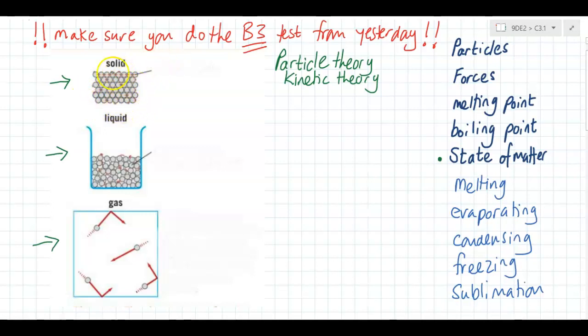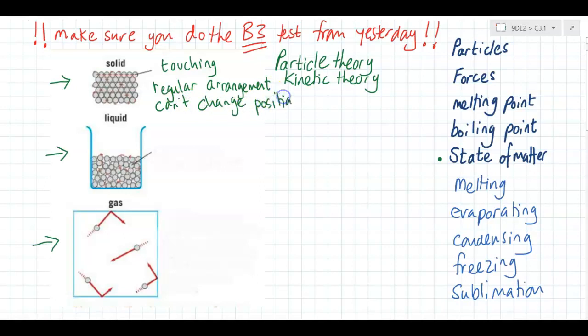Okay, and what we learn lower down the school, we think their particles are all touching. They're in nice, regular, straight lines packed together. Okay, and they can't change position, they're fixed in position.